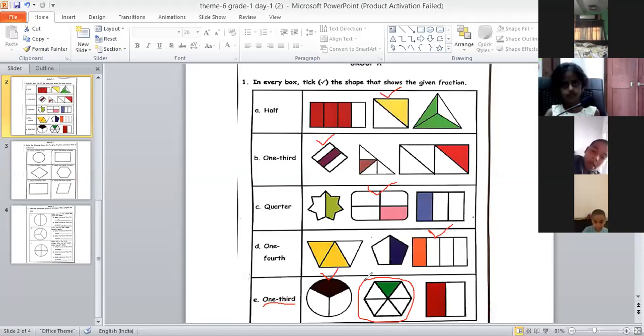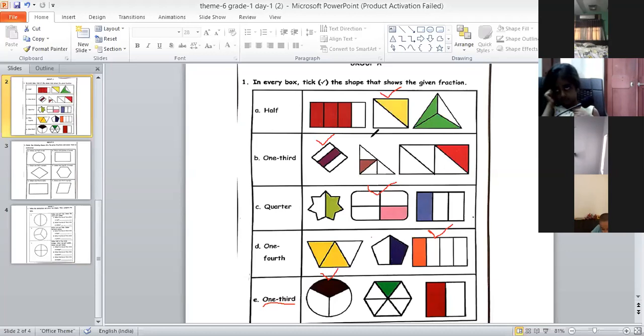So what will be the fraction, Brinda? Okay. Brinda, in total how many parts are there? 6 parts. And out of 6, how many are shaded? Only 1.